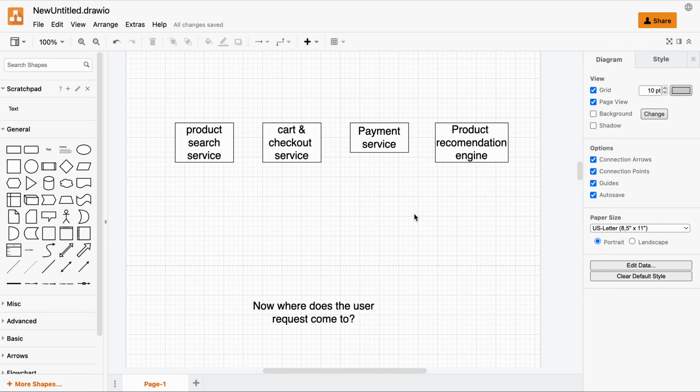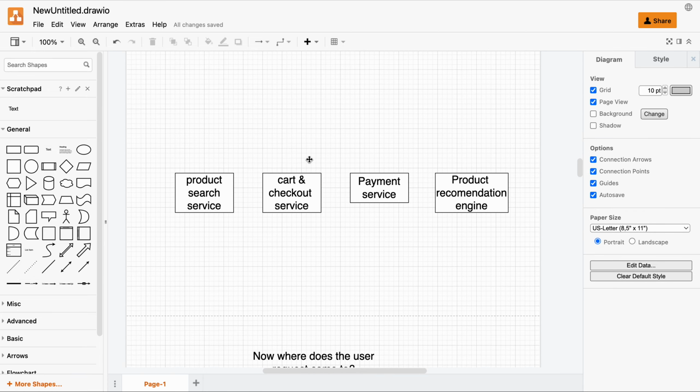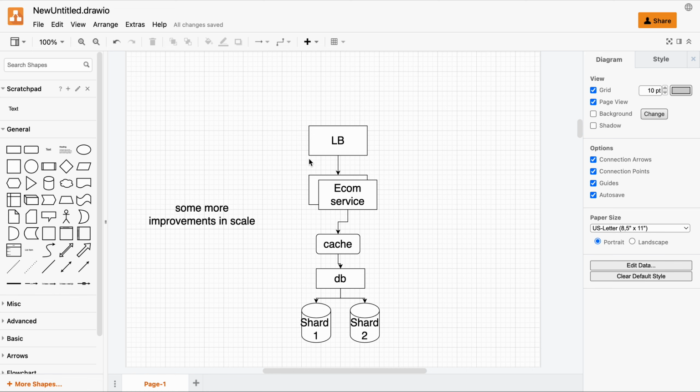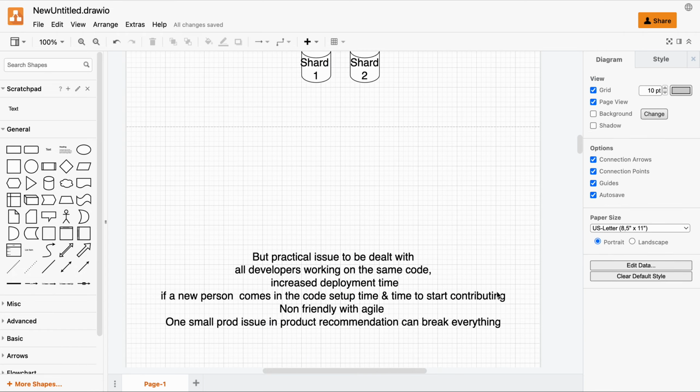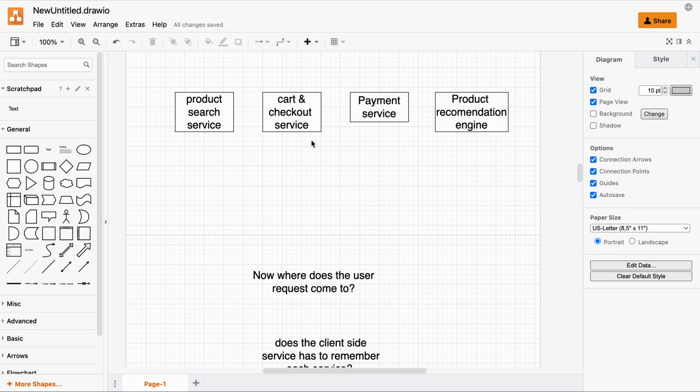In the previous case we were keeping all the data related to the multiple services in this set of shards only. Now that services are divided up, the question arises: should we divide the database also per service, or should we keep a common database, or should we do something else?